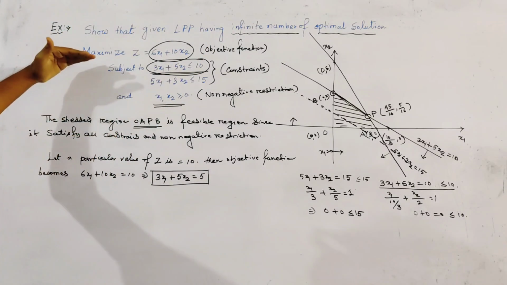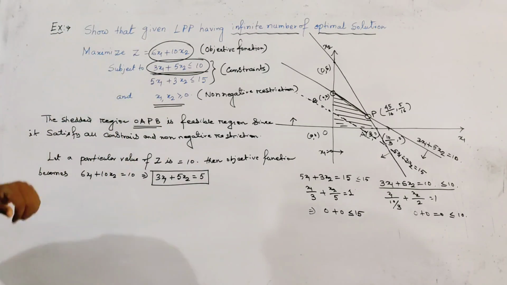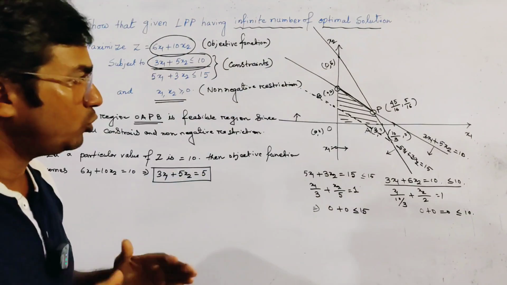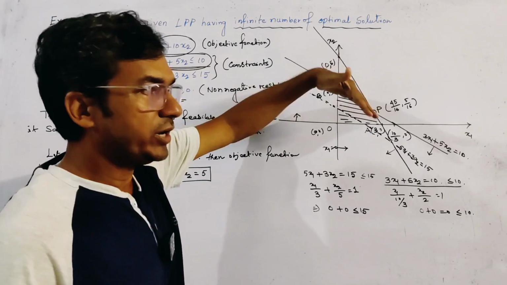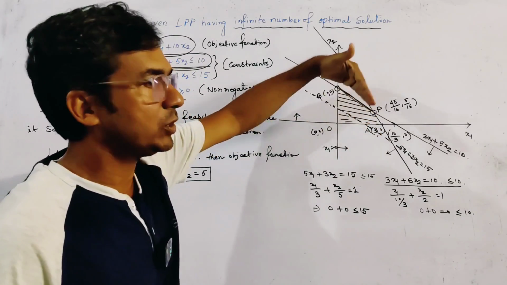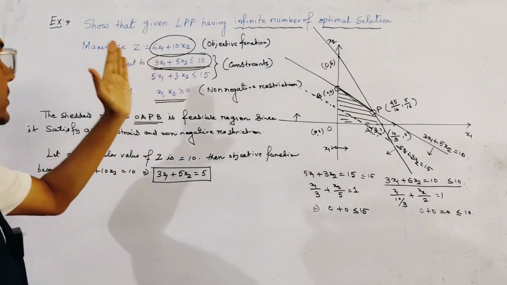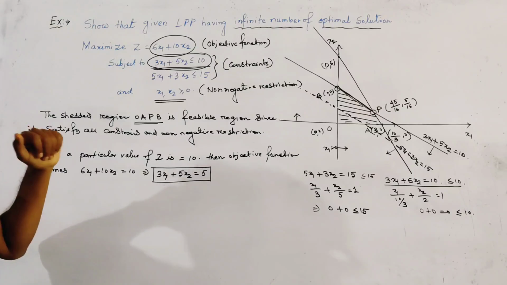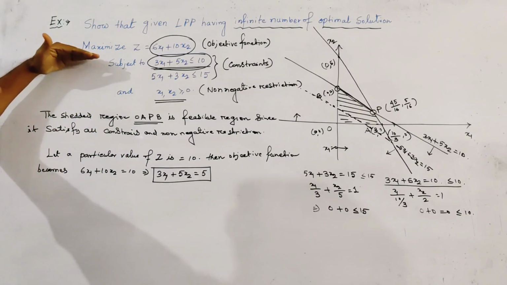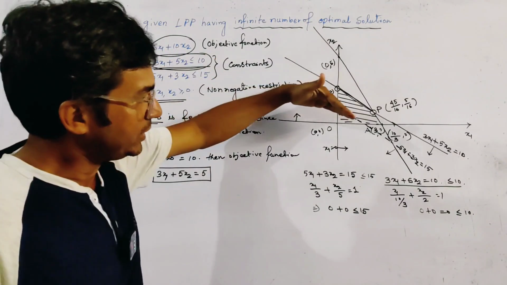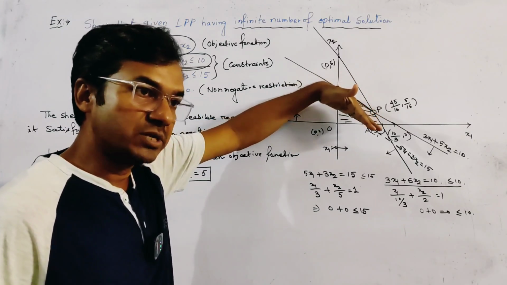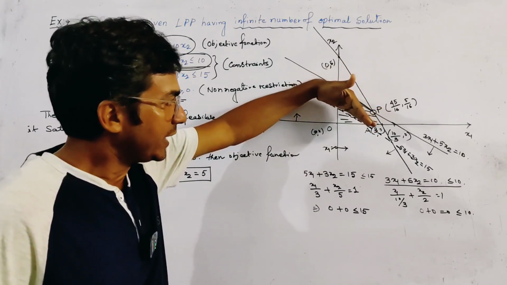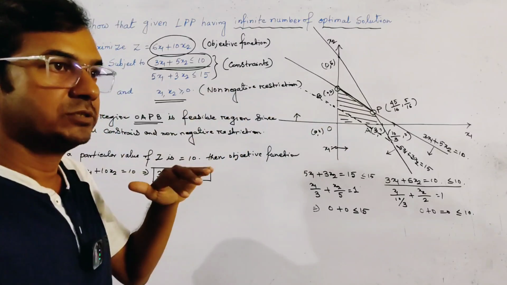Since the problem is maximizing, we move the dotted line parallel to itself away from the origin. And if the problem is of minimizing type, then we move the dotted line parallel to itself towards the origin.